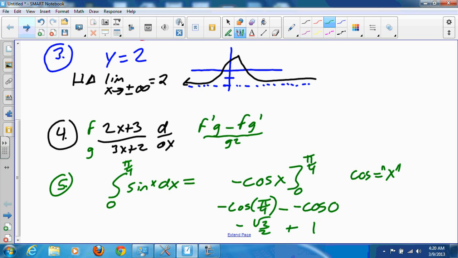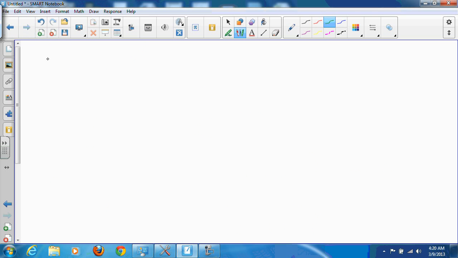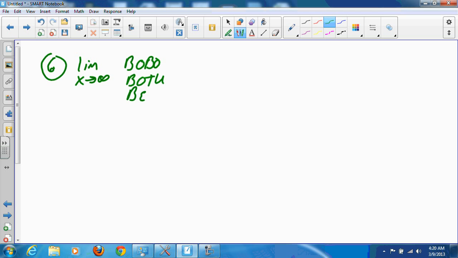Alright, let's go to question number 6. This becomes a really easy problem if you remember the shortcut that we talked about in pre-cal. The limit as x approaches infinity of a rational function. So we're going to look at the largest exponents of the numerator and denominator, and that's going to determine which rule we follow.